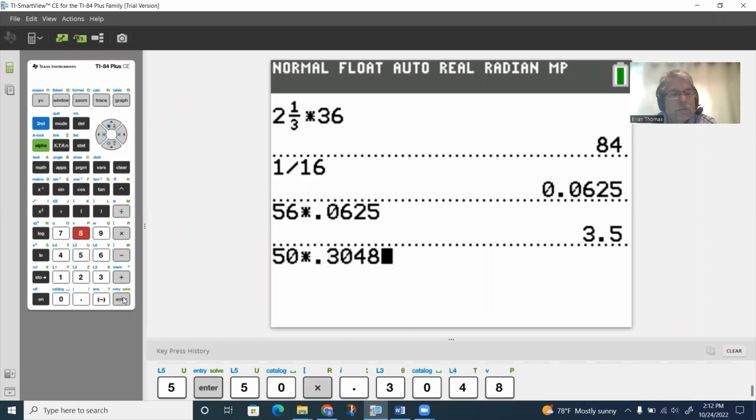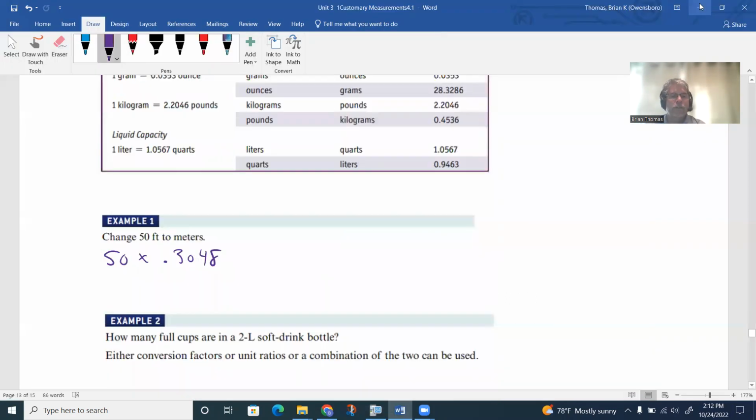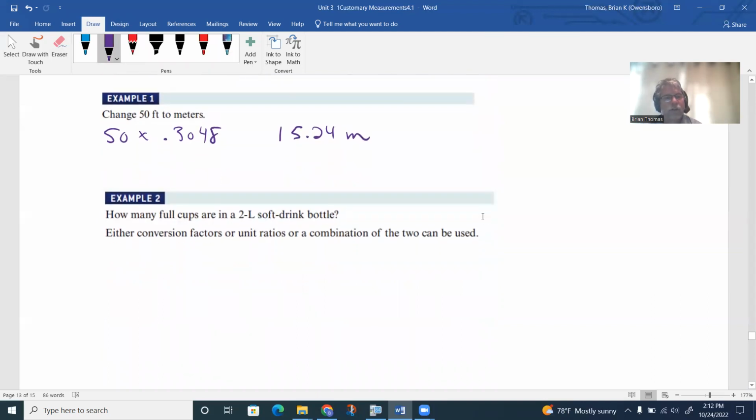That gives me 15.24 meters. Remember, we had a prefix table up there as well to pick up on. Instead of spelling out meters, we can use the prefixes.